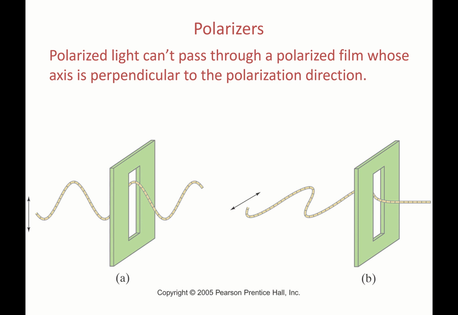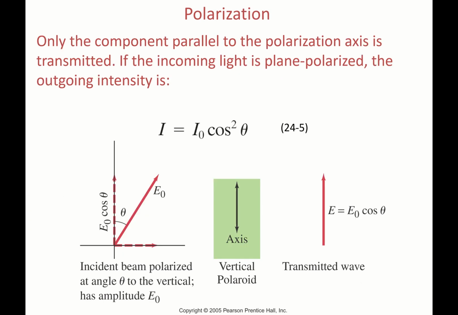Similarly, for a light wave, if the electric field is parallel to the polarization axis, then it can get through. If you flip it so that the direction of polarization is perpendicular to the opening, that's like the picture shown in B. You've got that rope trying to oscillate through a slit that's perpendicular to it, and it just can't do it. So an electric field perpendicular to the polarizer direction is going to be blocked.